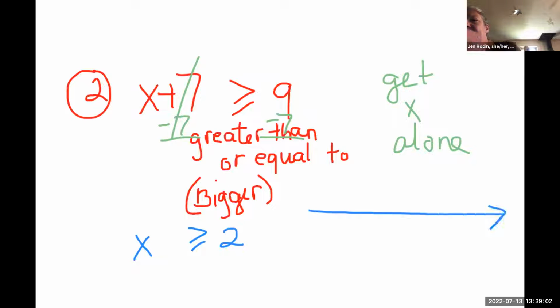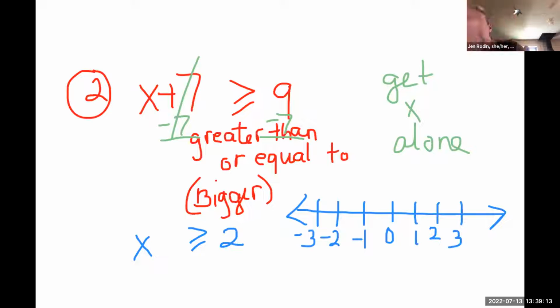And then get it onto our number line. Like I was saying, I always double check: is it -2 or +2? If you're using the closed circle, everything bigger than that would look like this. If you're using the bracket, you don't use both, one or the other. The bracket always points towards the shaded area.